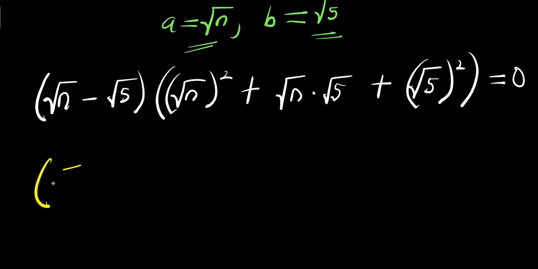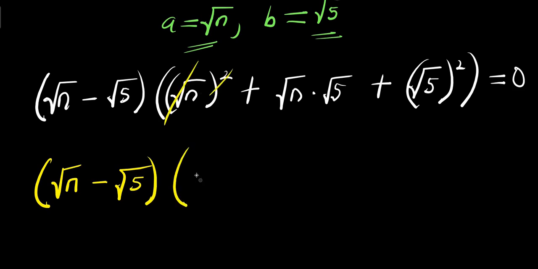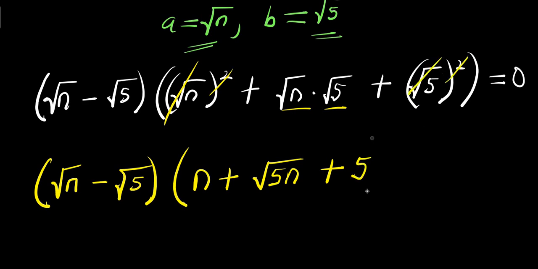From here we have square root of n minus square root of 5 times n plus square root of 5n plus 5, and this equals 0.